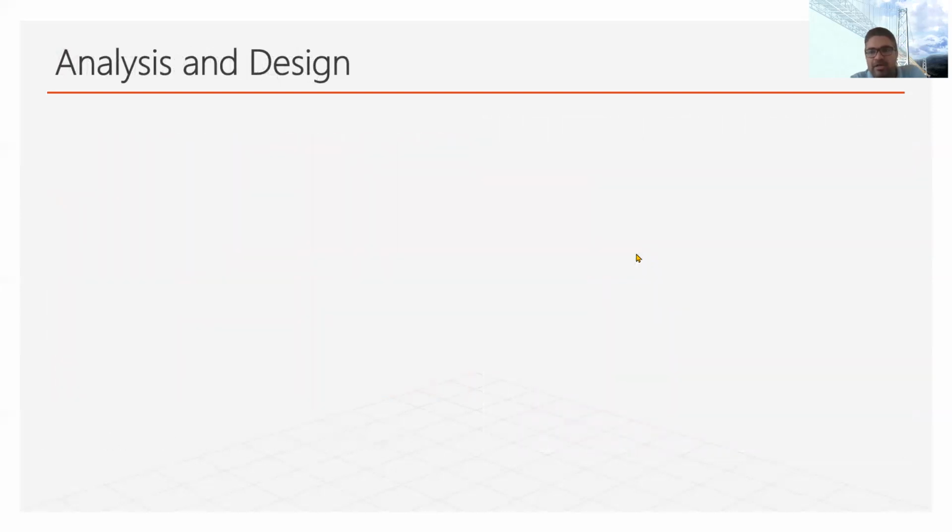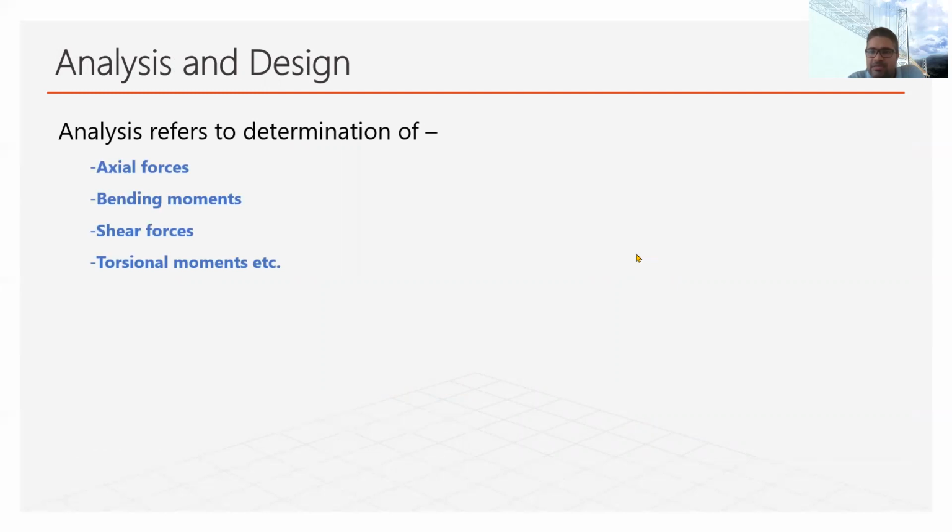The next important aspect of structure is analysis and design. So in the structural design process, the analysis can be referred to the determination of the axial force, bending moment, shear force, torsional moments, etc., which may be acting on different members of structure due to the applied load.